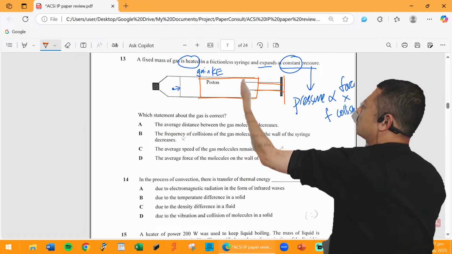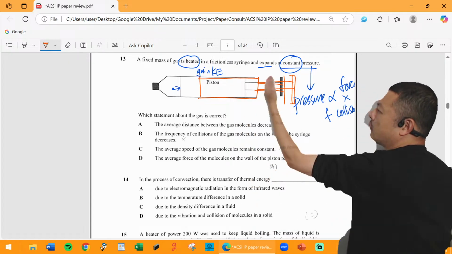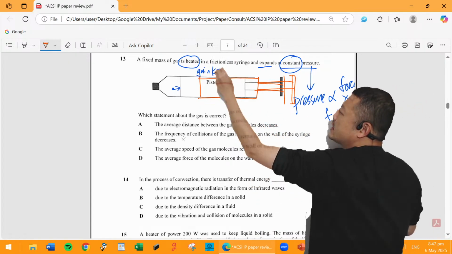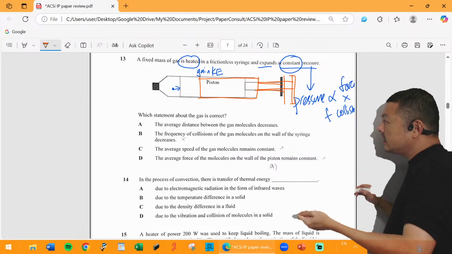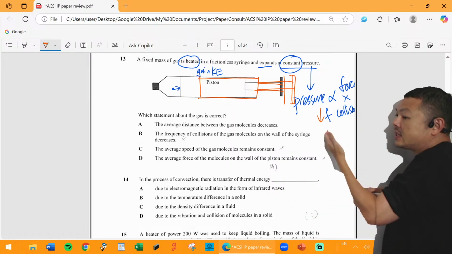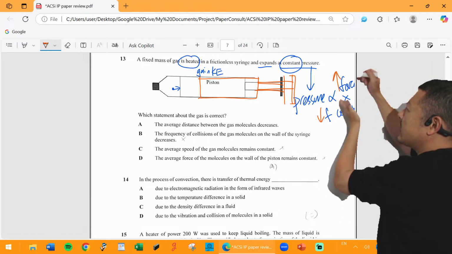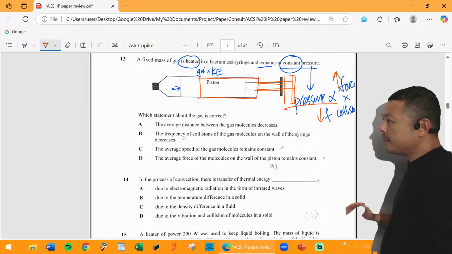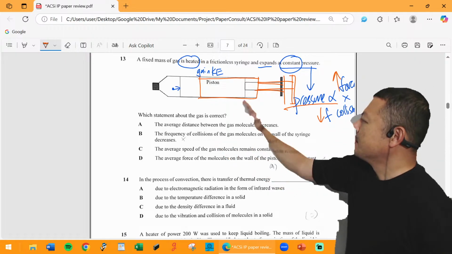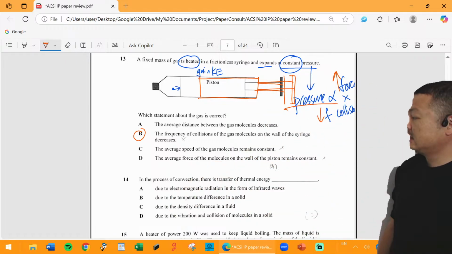So the frequency of collisions will drop so low that when you multiply it with the increased force, the pressure is still maintained. So B is your answer.